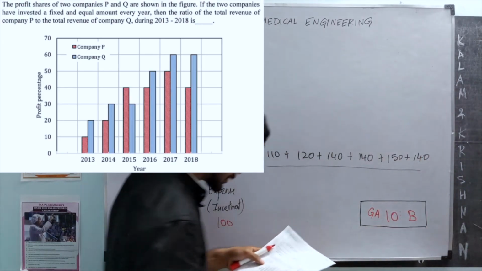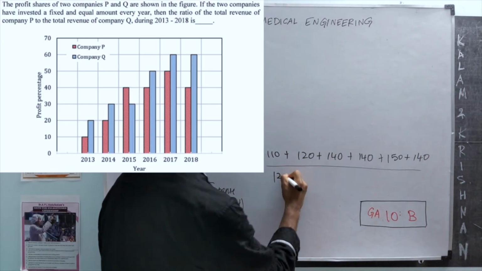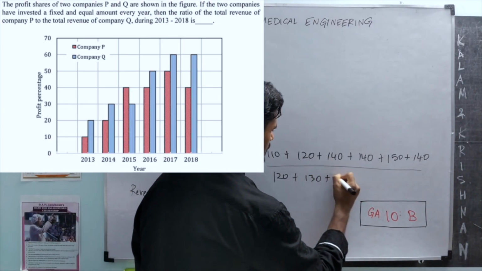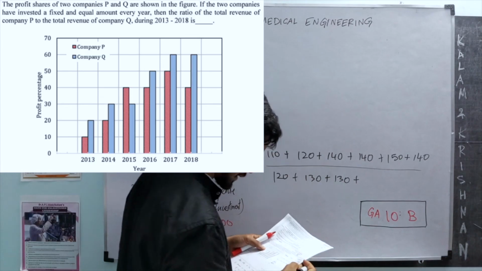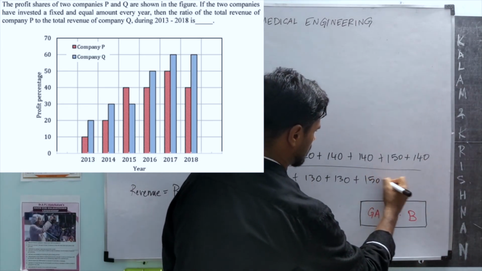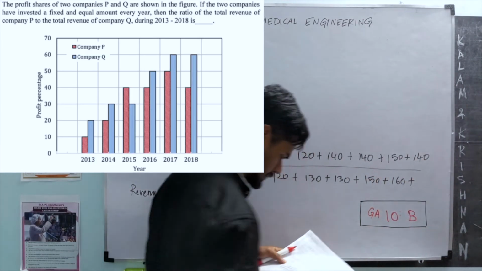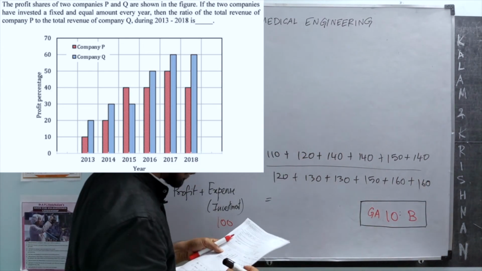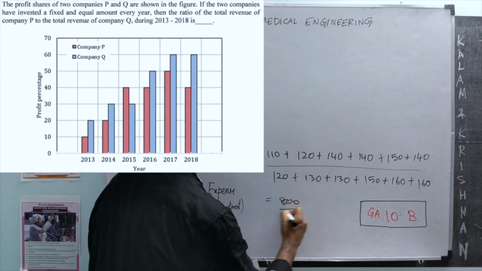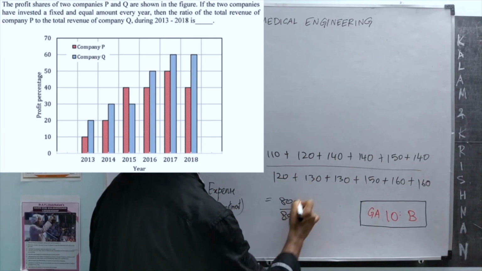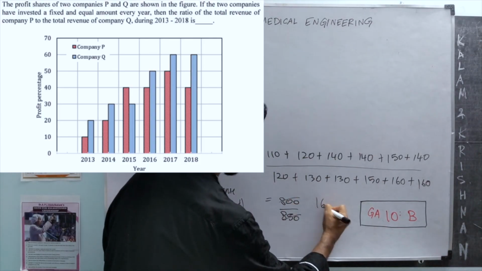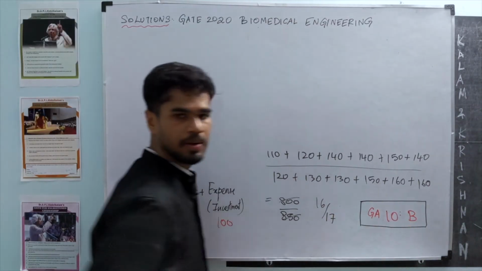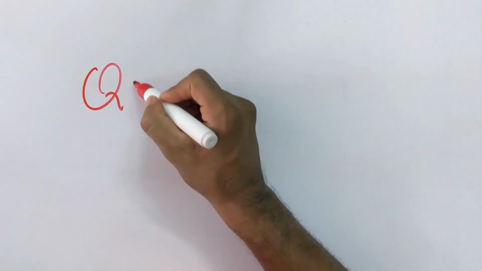Divide that by revenues for Q, which are 120 in year 2013 plus 130 plus 130 plus 150 plus 160 plus 160. Okay, this turns out to be 800 or 850, and these are in the ratio 16 by 17. And the correct answer is option B.